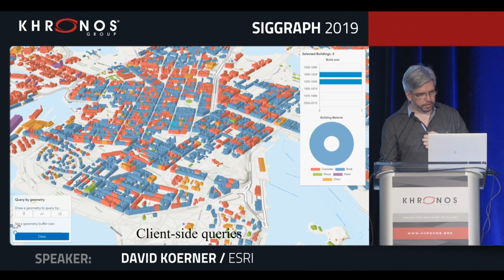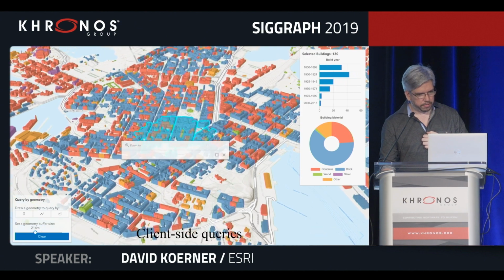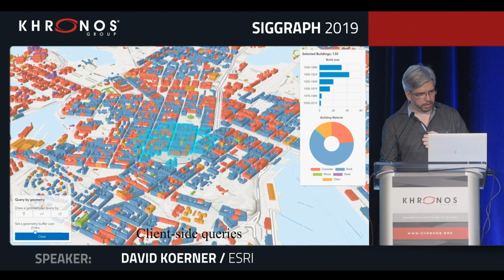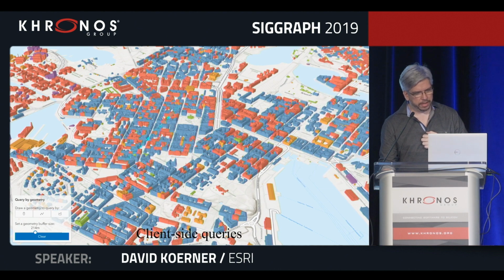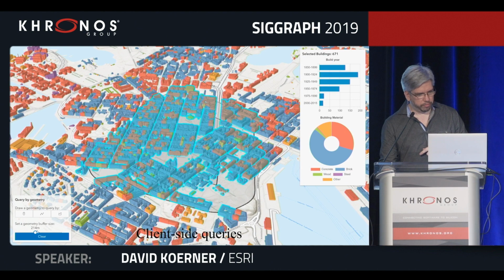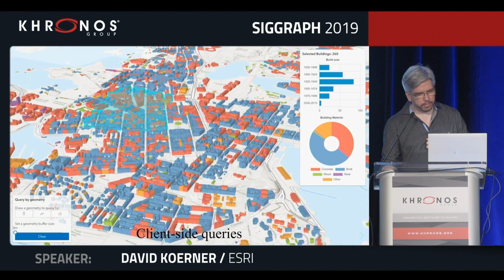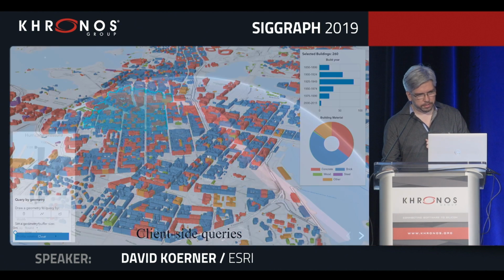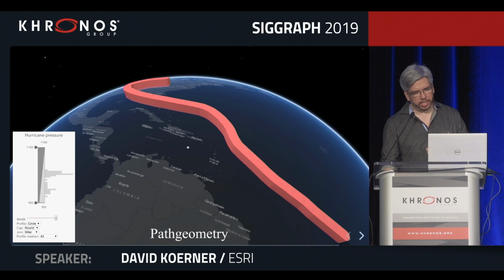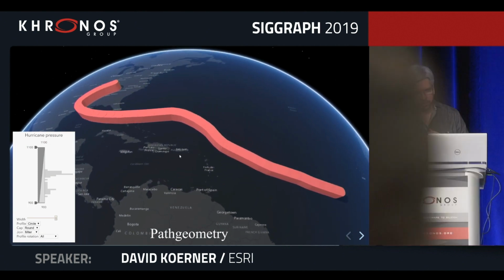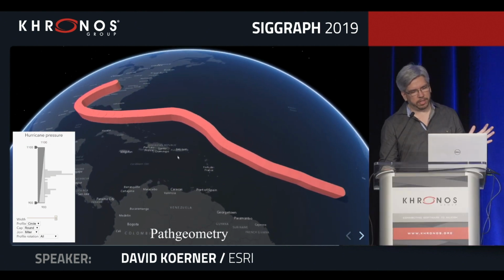We also use this for interactive data exploration. So we have this point here, and then we can set the distance, and we can draw interactive masks for our data and move the masks around to analyze the data like this. And we also use WebGL shaders. We are moving more and more things to WebGL shaders.